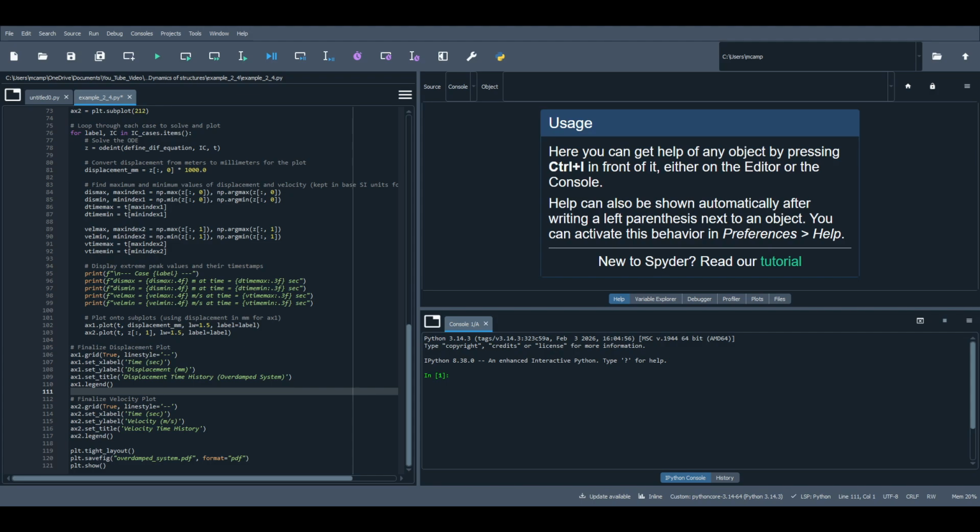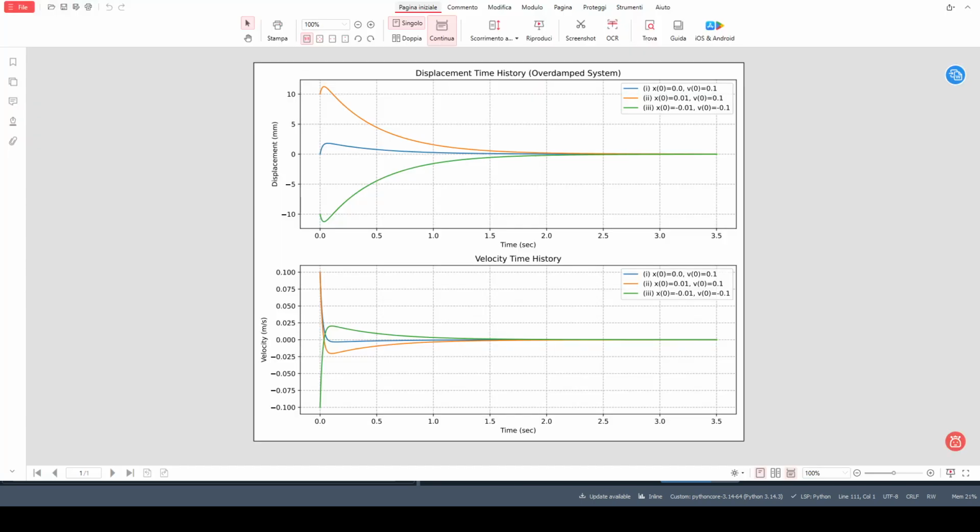This is the output of this Python code. We can see in the first graph the displacement as a function of time, and in the second the velocity as a function of time.